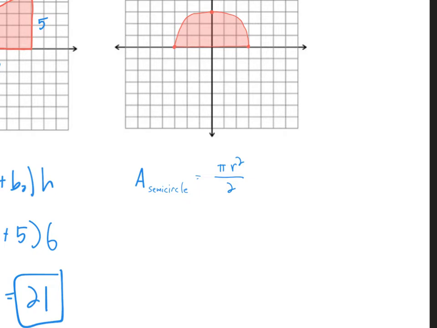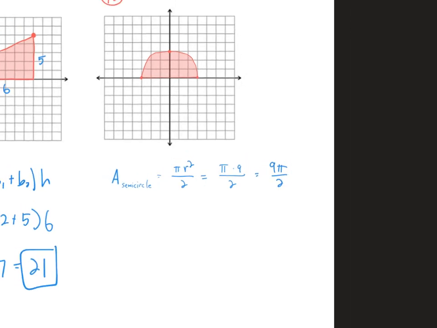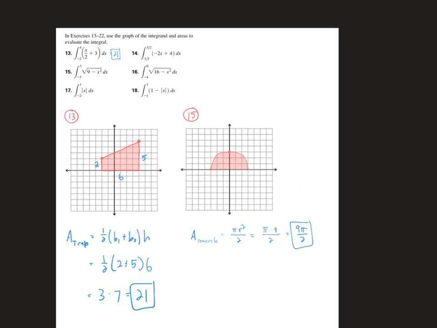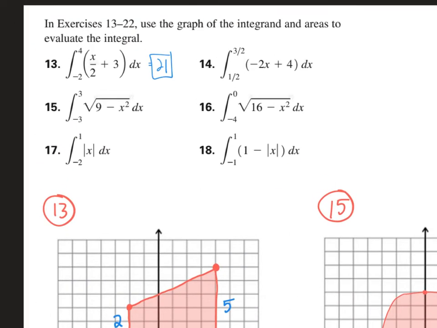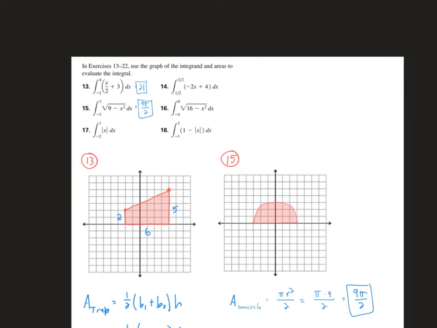And then this radius is 3, so that's pi times 9 over 2. I'll just write it 9 pi over 2, and that's it. So 15, if you evaluate this integral, this is 9 pi over 2. That's the answer to that question.